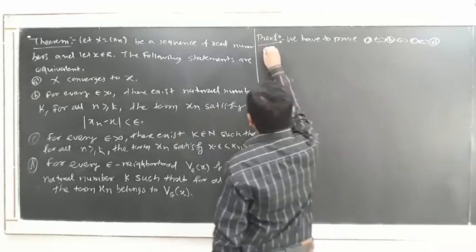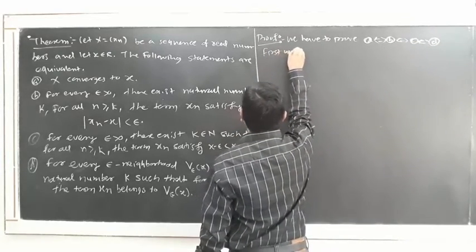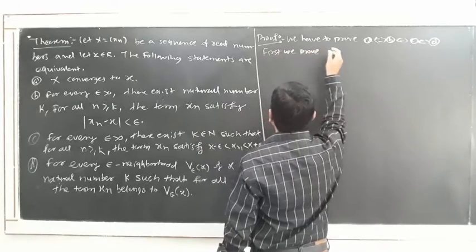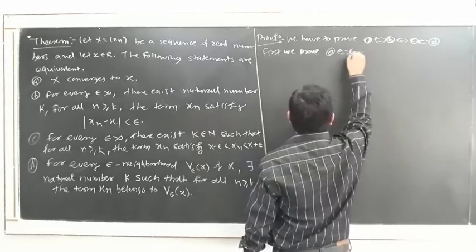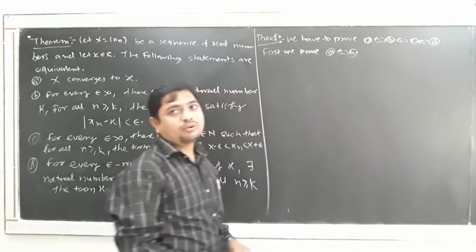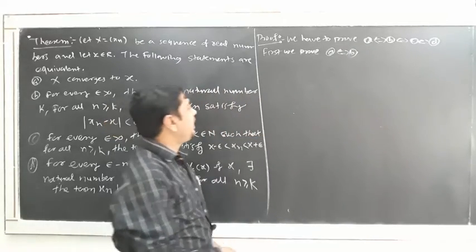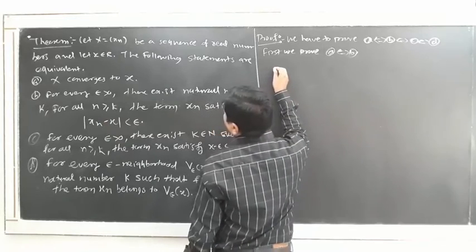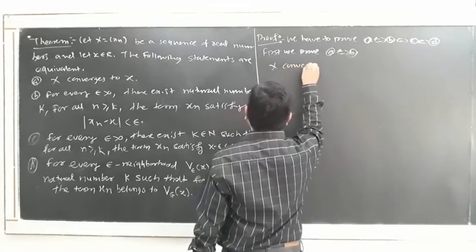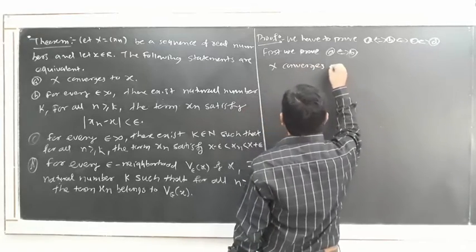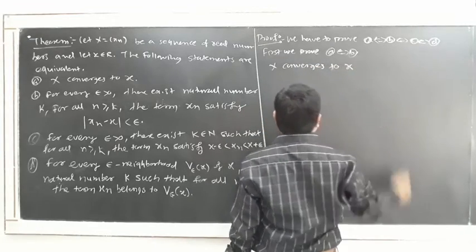So first we prove A is equivalent to B. What is the A statement? X converges to limit x.